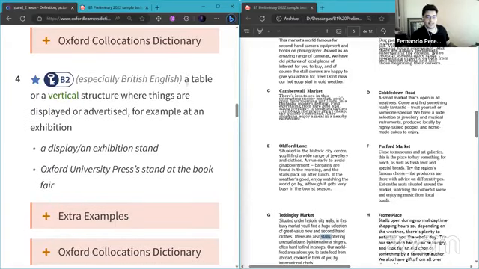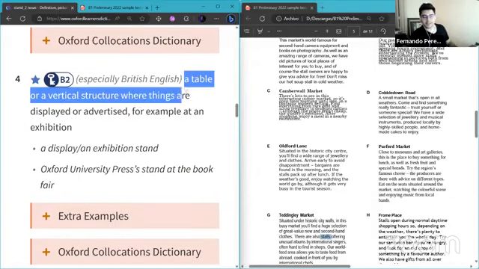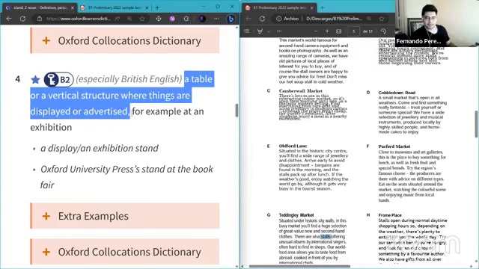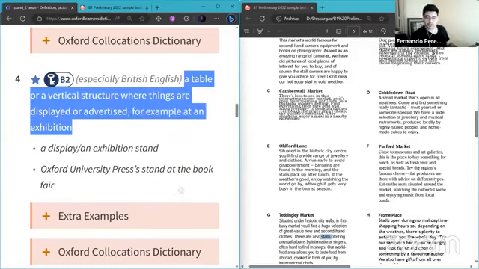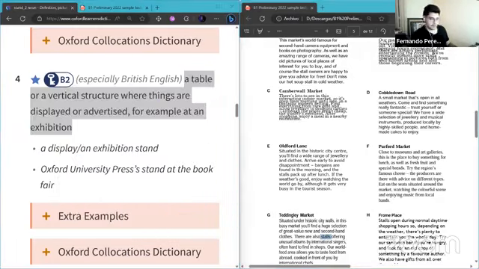Here it is: a table or a vertical structure where things are displayed or advertised. For example, at an exhibition, in a book fair, or in the market. Well, a synonym is a stall. Understand stall?